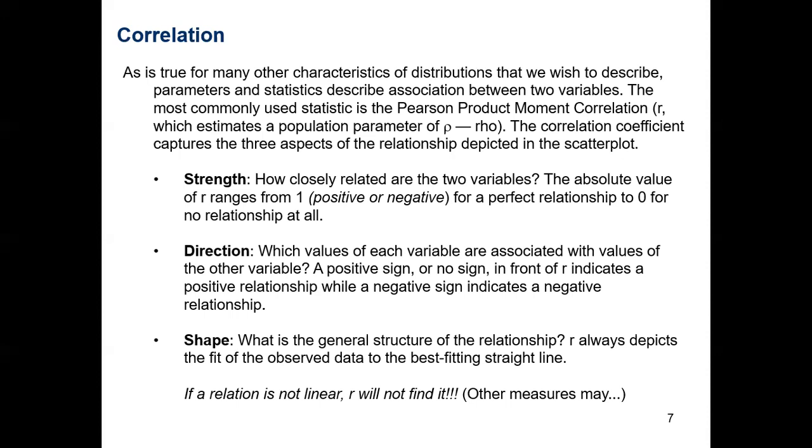A population value is called a parameter. In this case, the correlation parameter in the population is called rho. But for the sample you have, you find a relationship between two variables, and you standardize the association between the two. Then it is called correlation.